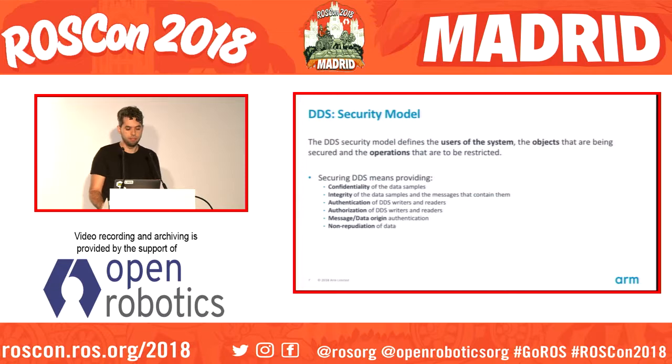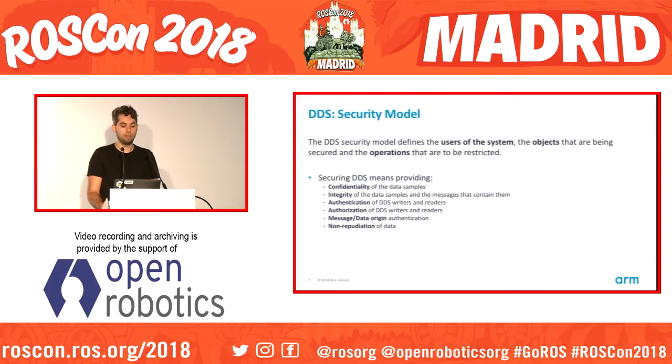So there are a few things that the DDS Security tries to protect. Very quickly going through them: confidentiality, which is about making sure that two nodes can communicate and no one can know what is going on in that transmission. Integrity, so you know that what you receive is not corrupted. Authentication, where you can have a node say who it is, and you can trust that.